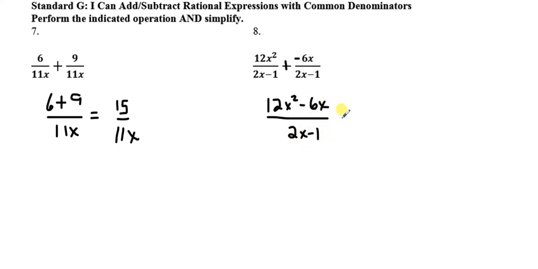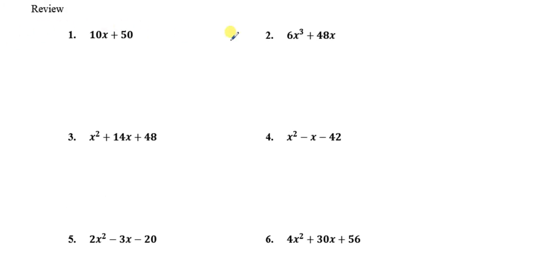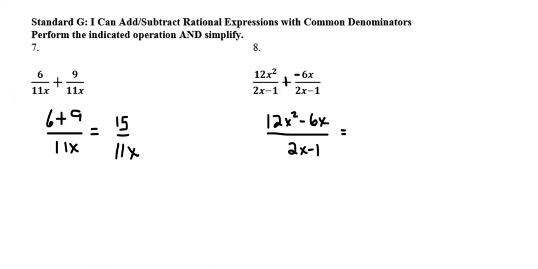Now this looks like it's done, and we have added it and made it one term, but this can actually get reduced down. This is similar to problem number 1 and 2, probably more similar to 2, where we can pull a 6 and an x out of this term. We can do the same thing over here.